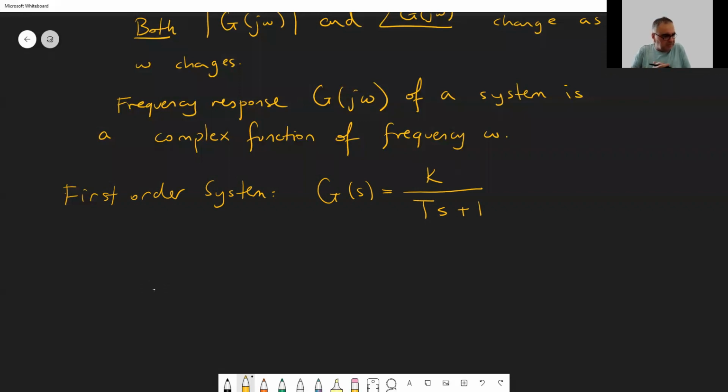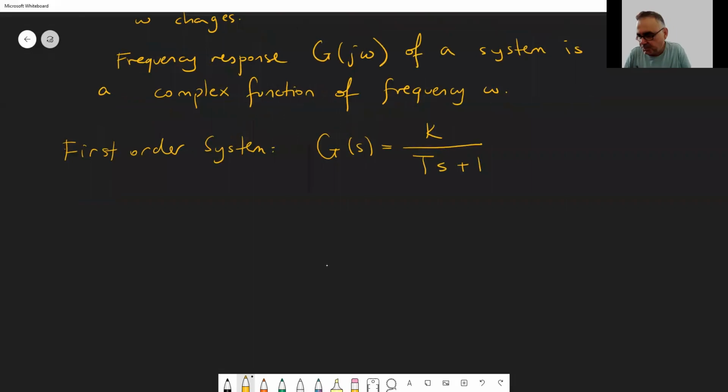We want to find the frequency response of this system. Now, the frequency response is G of j omega. You replace s by j omega. That's easy. K over j omega T plus 1.